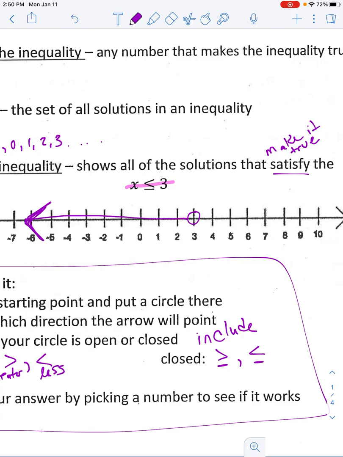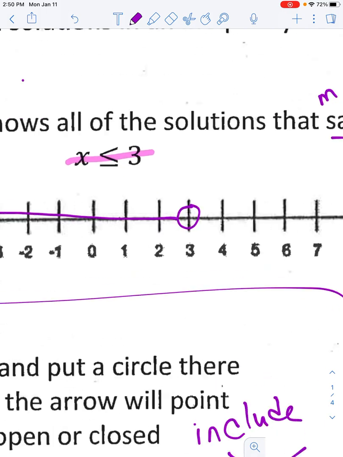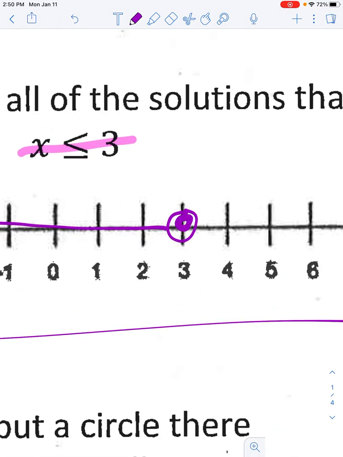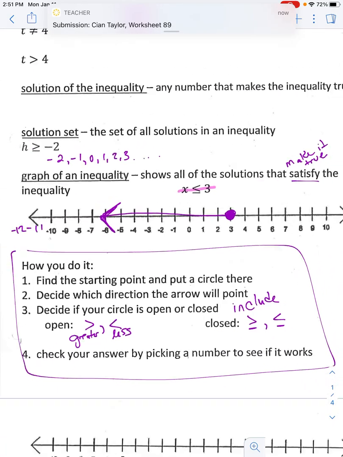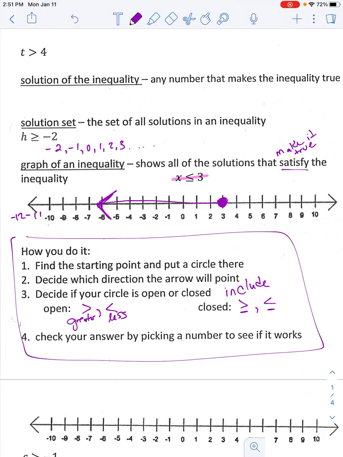Okay, so if you go back up to our problem that we're graphing, x is less than or equal to 3, x could be 3, so we want to include it in our answer. So we're going to fill this circle in. Since x can be 3, we're going to include it in our answer. Okay, so that's going to be a closed circle.